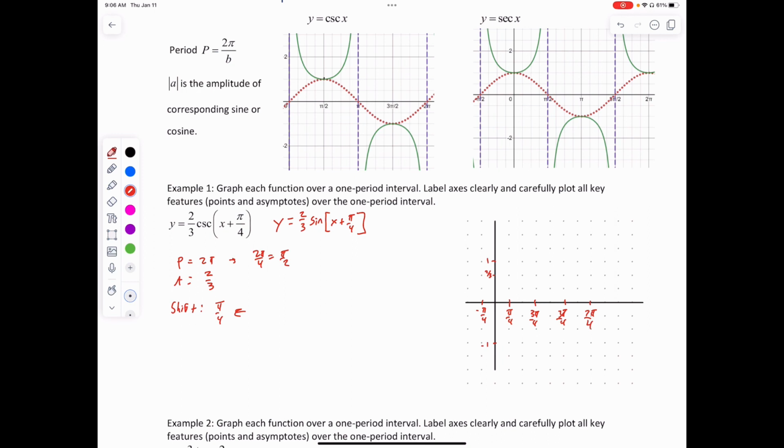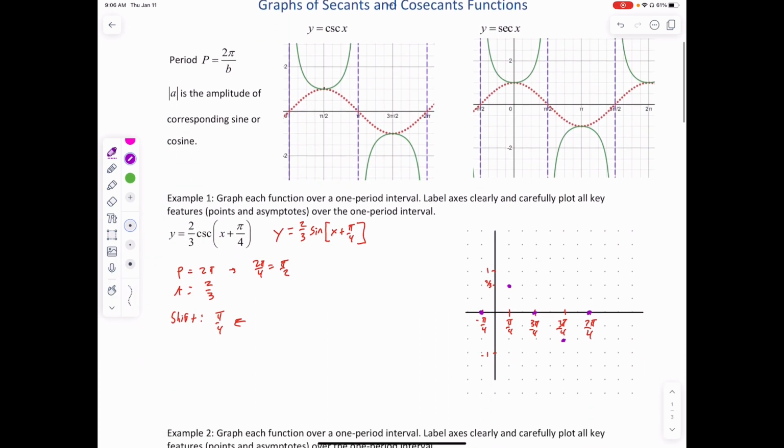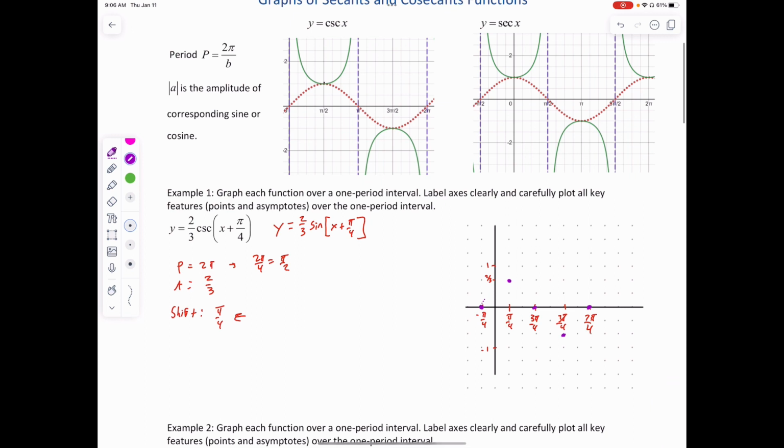And now for graphing sine, sine starts at 0, so I've got 0, then up at the amplitude, then down at 0, then down at negative the amplitude, and then back to 0. I'm going to sketch this using a dotted line because the sine graph is not actually my answer. It is just a tool to help me graph the cosecant function.